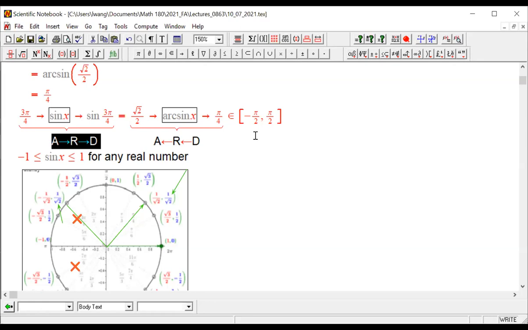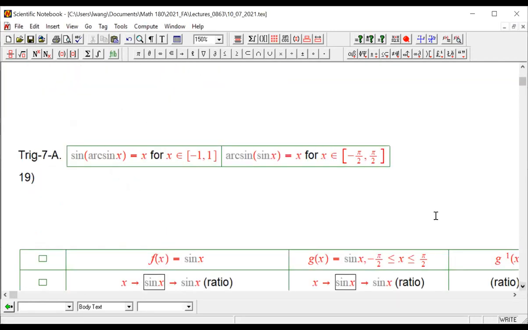All right, so shall we take a break? Sure. But for those of you who get really excited about this, how about you try number 19?